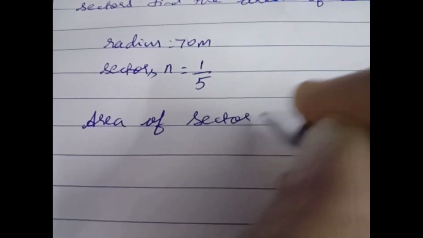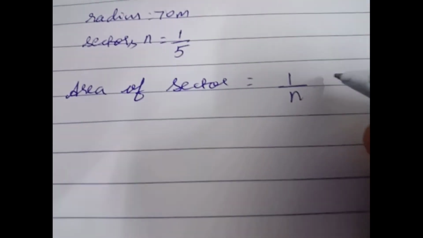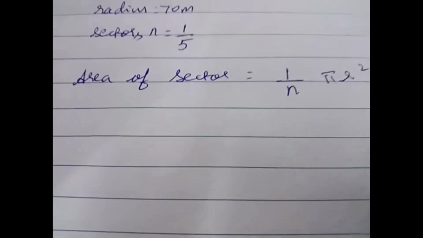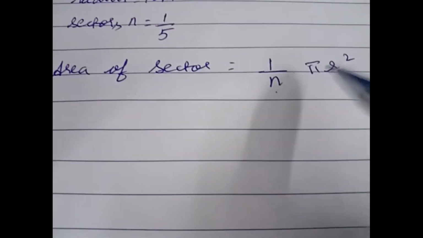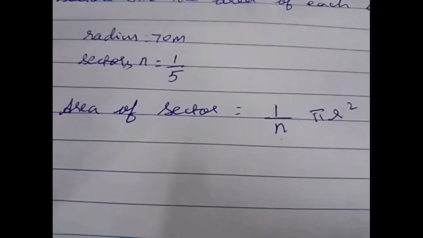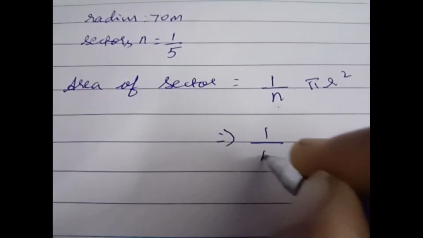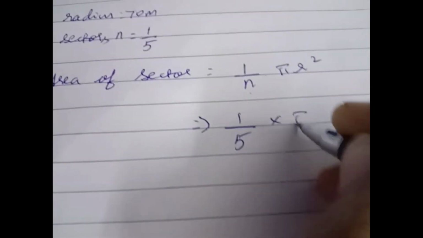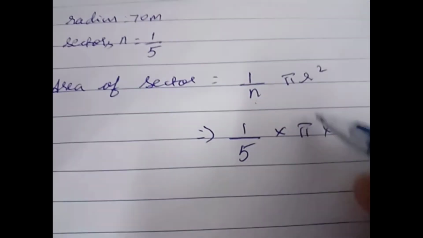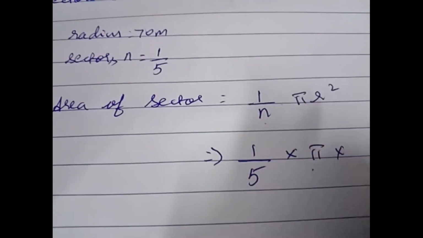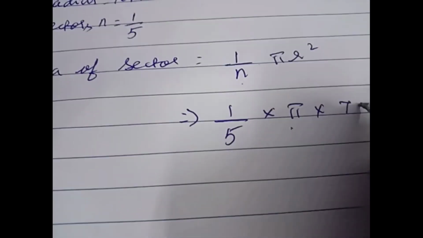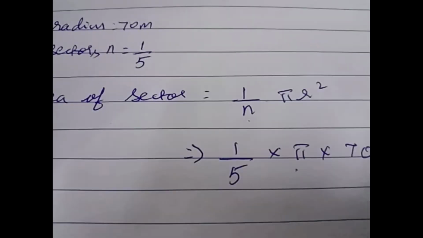Therefore, area of the sector is equal to 1 by n pi r square. If they given the sector value, you have to use area of sector is equal to 1 by n pi r square. So 1 by 5, write pi as it is, no need to substitute the value for the pi. Then r value is 70 into 70.